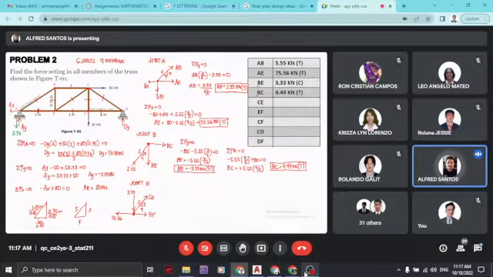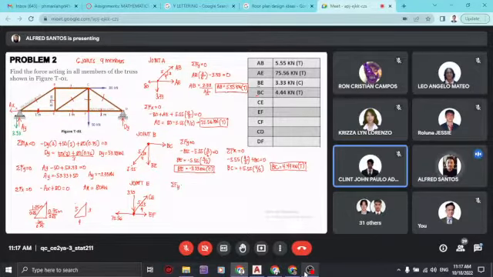Okay, so what's first? Summation Fx, summation Fy? Fy po. So Fy tayo. Okay, so CE, positive, so CE times 3/5, parang y component, and then minus 3.33.